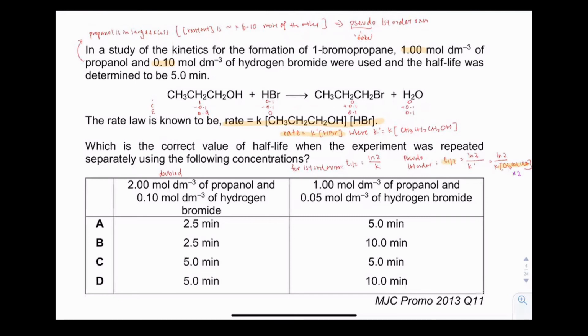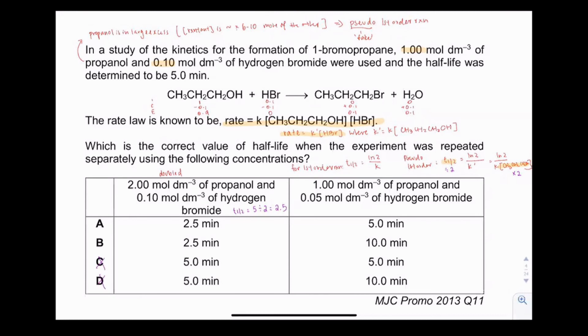It will reduce by 2, because from the equation, since the concentration of propanol is in the denominator, the half-life is inversely proportional to the concentration of propanol. Therefore, when the concentration of propanol doubles, the half-life will halve. So the half-life will be 5 minutes originally, now divided by 2, so 2.5 minutes. Immediately I cancel out C and D.